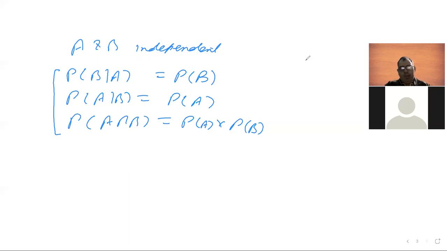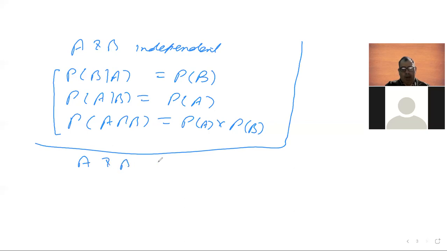Similarly, if I say, how will you identify whether two events A and B are mutually exclusive or not? That A times B is 0.